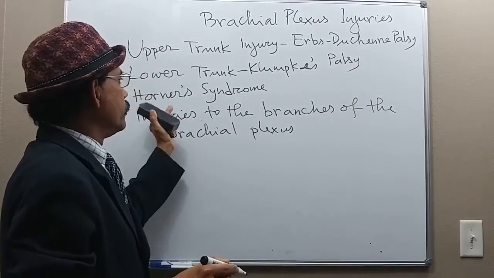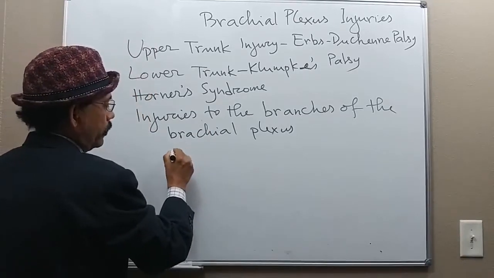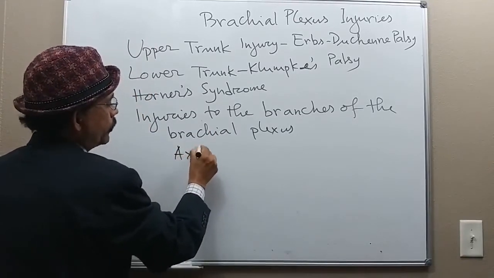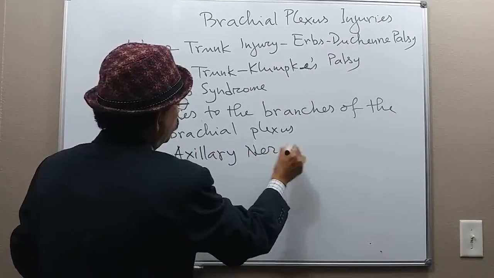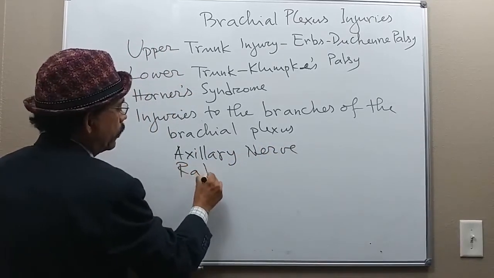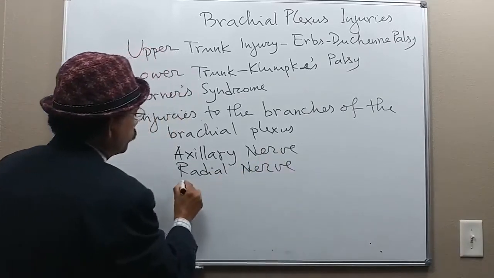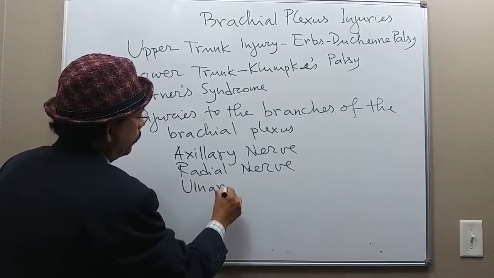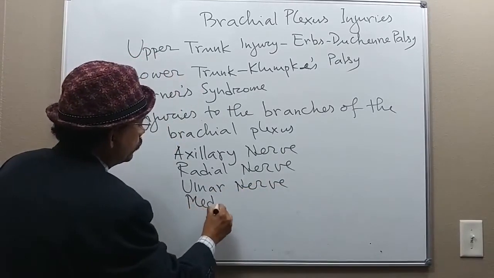We have injuries to the branches of the brachial plexus. It includes the axillary nerve injury, injuries to the radial nerve, injuries to the ulnar nerve, and median nerve.